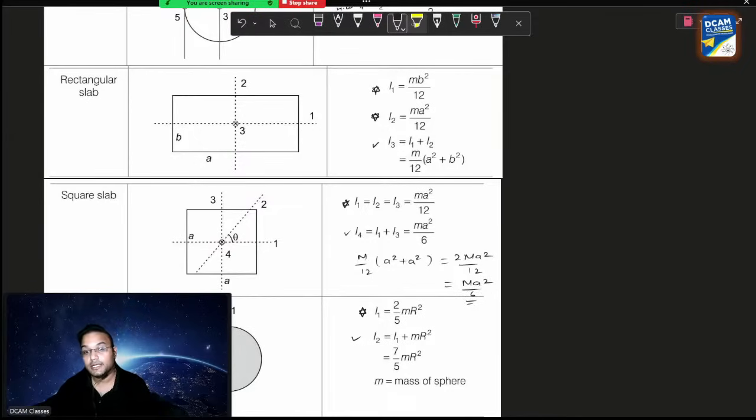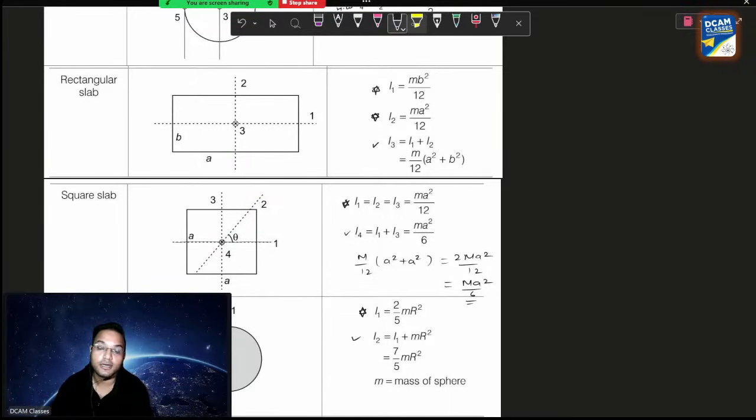Now, interesting is this. I1 is m a square by 12. I3 is also m a square by 12. Because obviously, you can use the perpendicular axis theorem here. Here also in the rectangular slab you can use the perpendicular axis theorem.